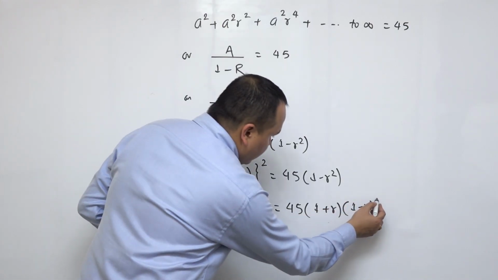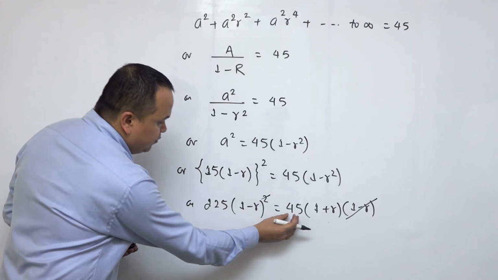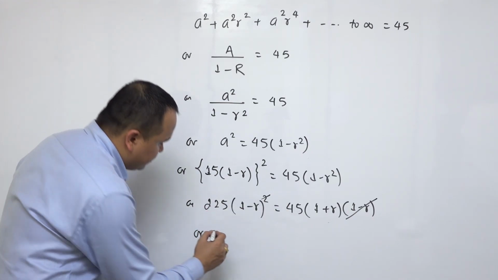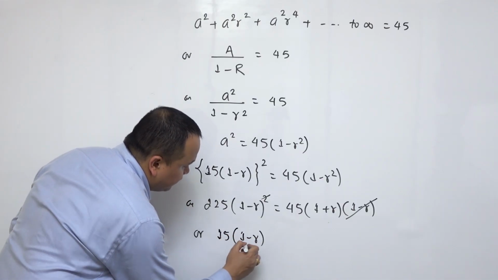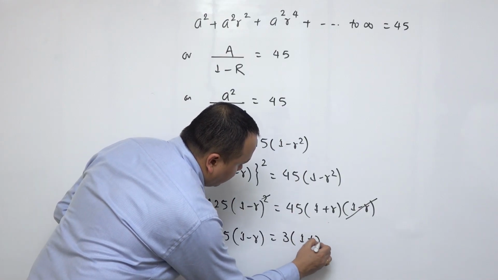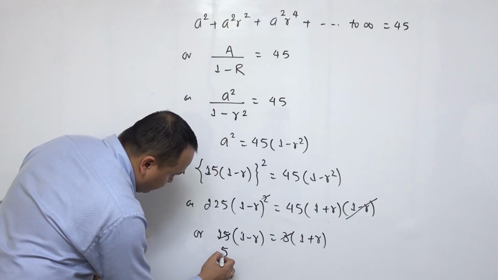So cancel out 1 minus R, 1 minus R, and here 15 is a common factor. So 15 times 1 minus r, and this is 3 times 1 plus r. Again 3 to 5.